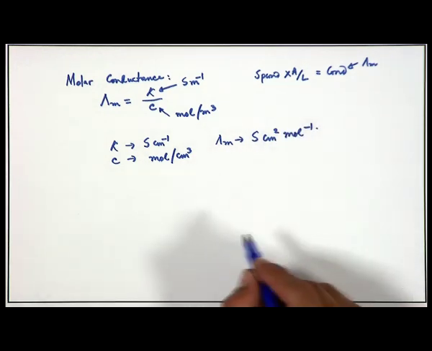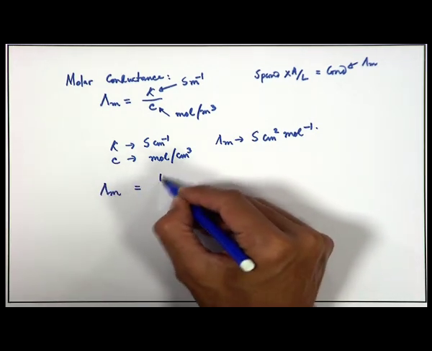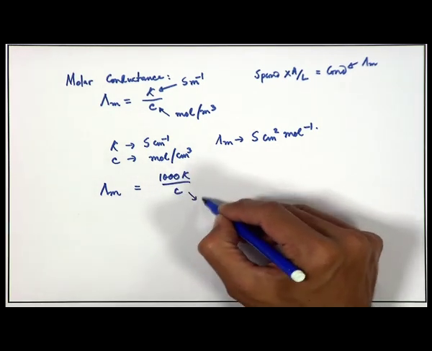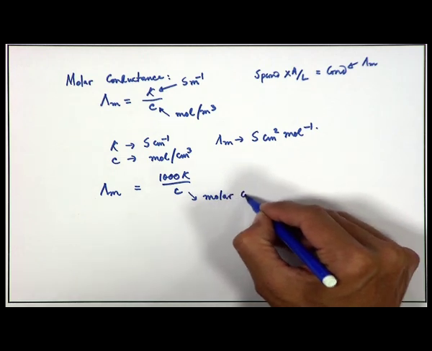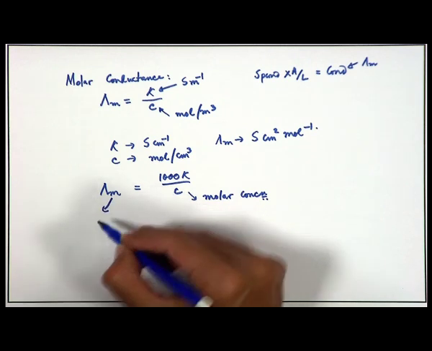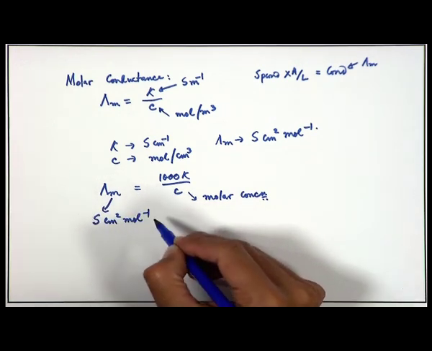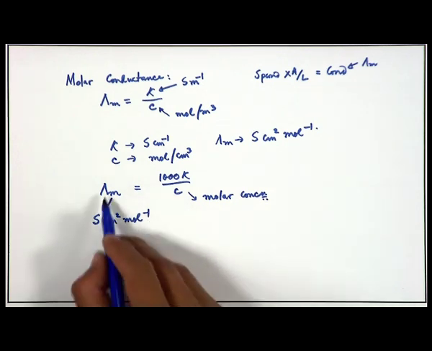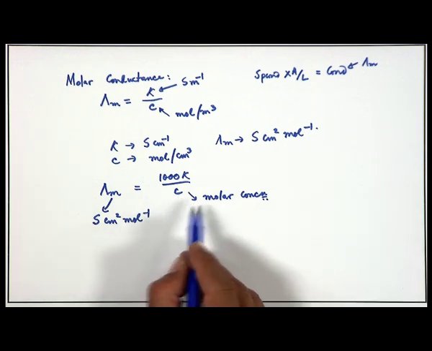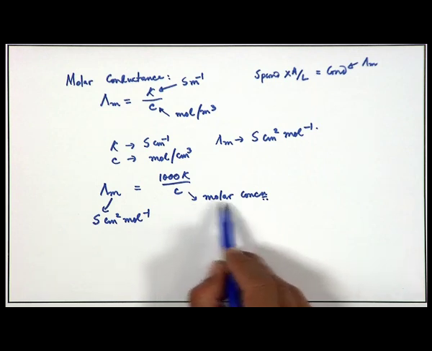Now, occasionally lambda m is expressed like 1000 kappa by C, where C is the molar concentration, and lambda m is Siemens centimeter square mole inverse. So, this can be expressed with this expression, but make sure that you adhere to certain restrictions with respect to the usage of concentration unit.